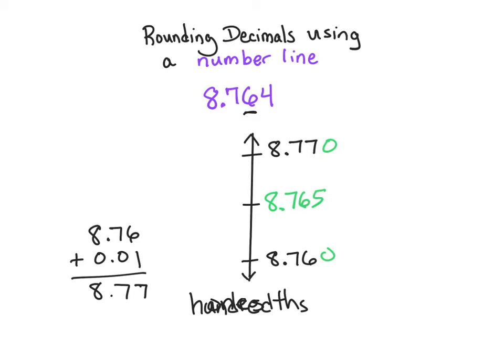I'm then going to erase the zeros on the end because really we're rounding to the hundredths. And now I'm going to plug in the actual number. Is 8 764 thousandths less than 8 765 thousandths? Yes, it is. So I'm going to plug it in where it goes, 8 764 thousandths, and we can see that it rounds to 8 76/100.